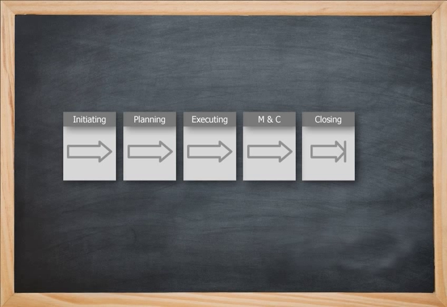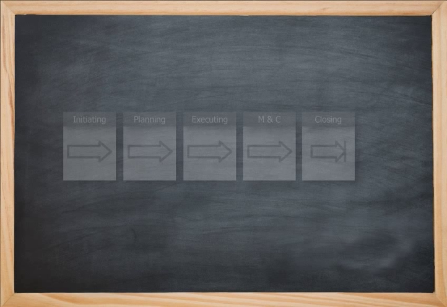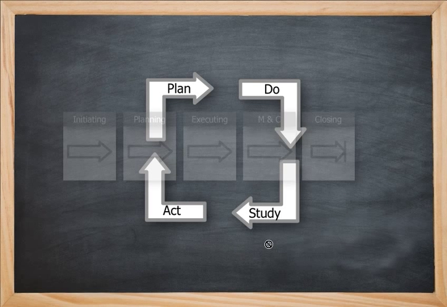And in the case of Agile, there is a concept that's a little bit different. What I'm going to do is put this in the background, and show you something that was made popular by Deming. It's called Plan, Do, Study, Act, otherwise known as PDSA.